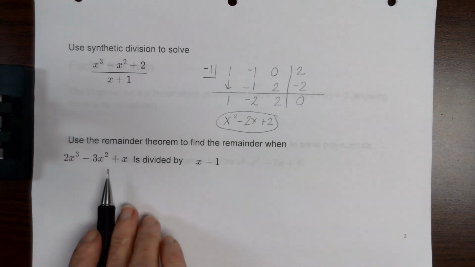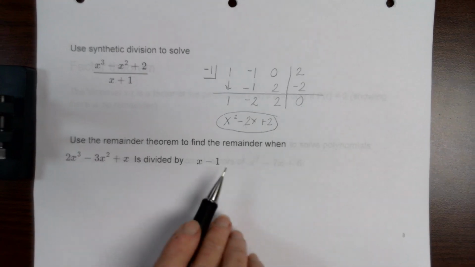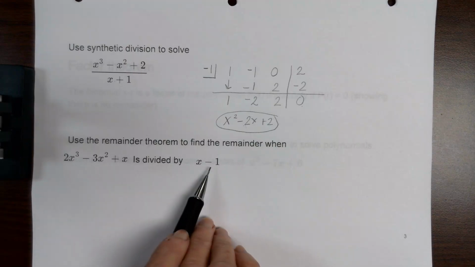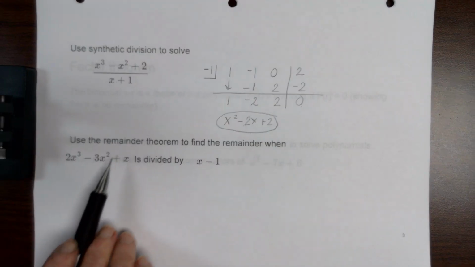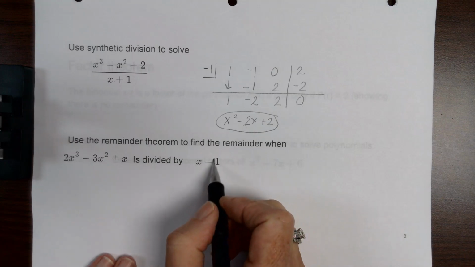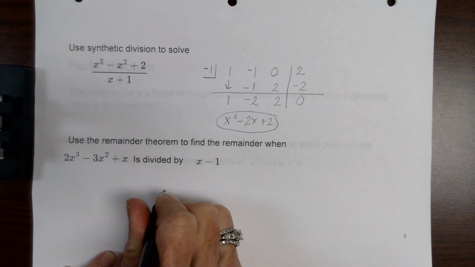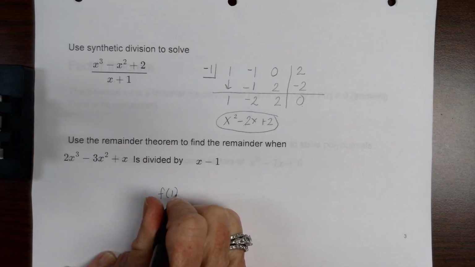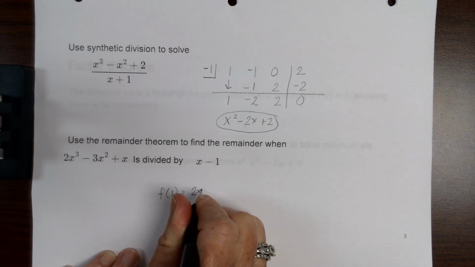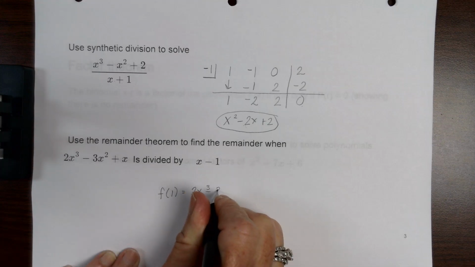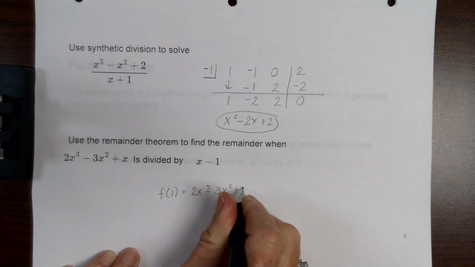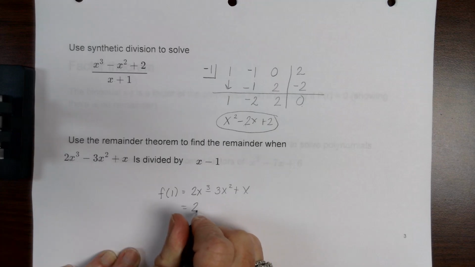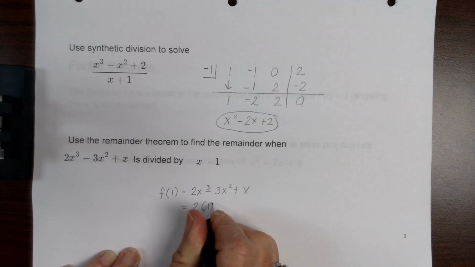This one says use the remainder theorem to find the remainder when that is divided by that. Well, I'm using the remainder theorem, so all I'm going to do is plug in 1. So I'm going to find f of 1, plugging it into this equation. You can use the store button on your calculator if you want.